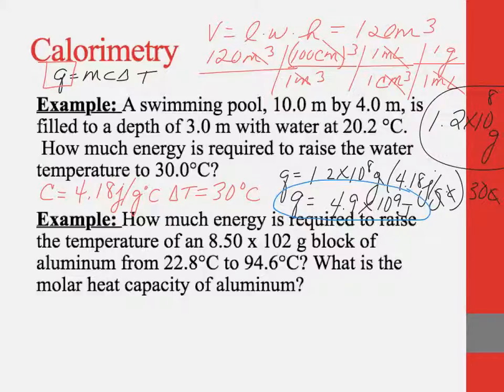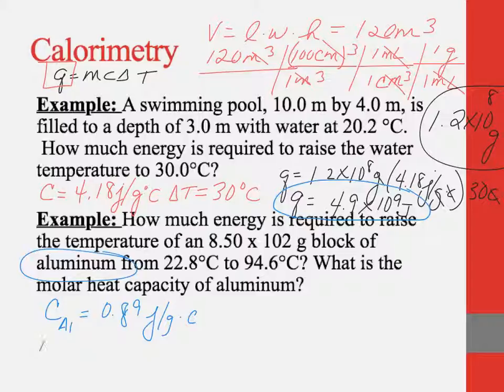All right, looking at a second problem. How much energy is required to raise the temperature of an 8.5 times 10 to the second gram block of aluminum from 22.8 to 94.6? The first thing I notice is I'm dealing with aluminum, so I'm going to need the specific heat capacity of aluminum, which on the previous one was 0.89 joules per gram dot Celsius.